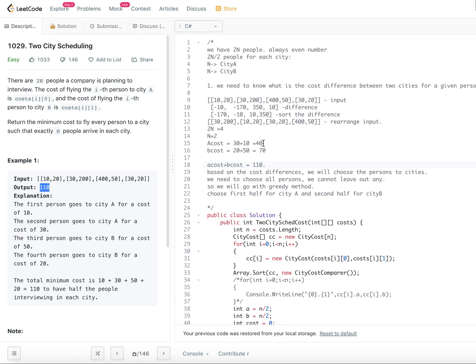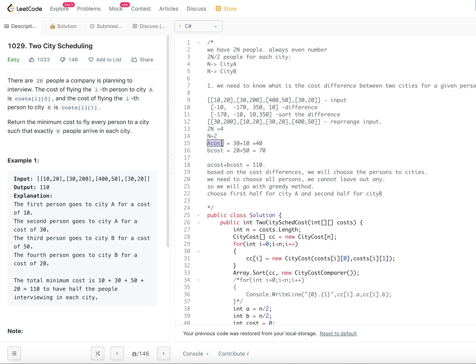So it is a few steps. Just to recap, we have the input, we calculate the difference, we sort the difference, and we rearrange the input in the sorted difference order. Now that we know 2n is equal to 4, n becomes 2. So the first 2 people will be going to city A. That's why we calculated the A cost.